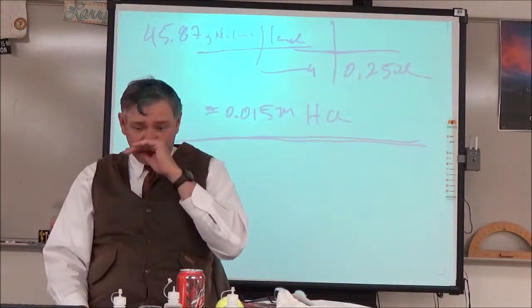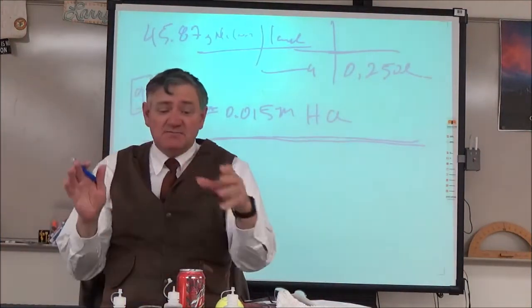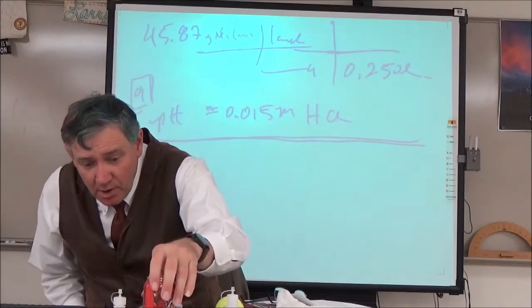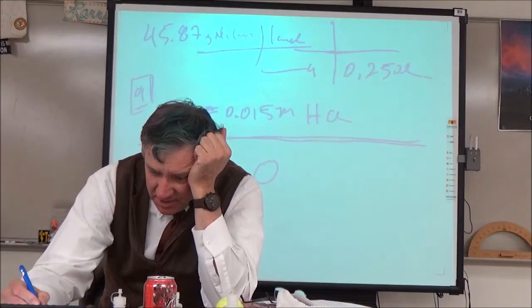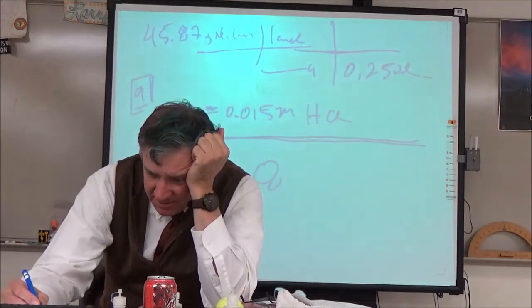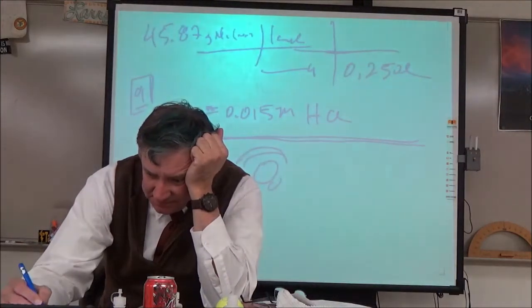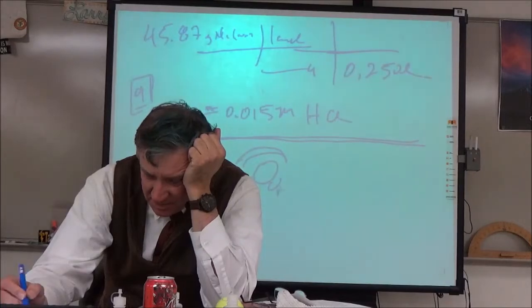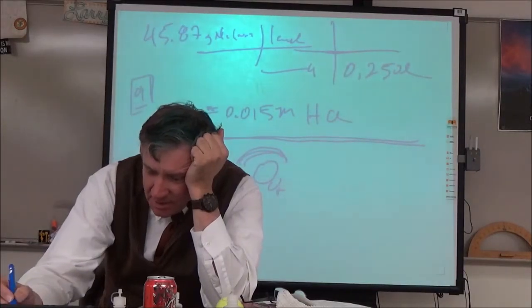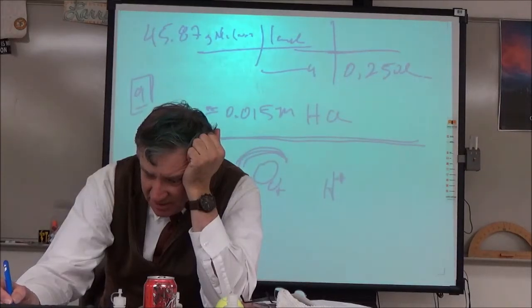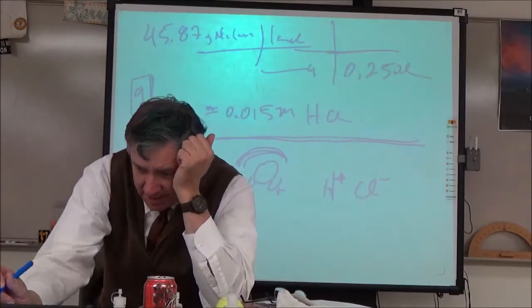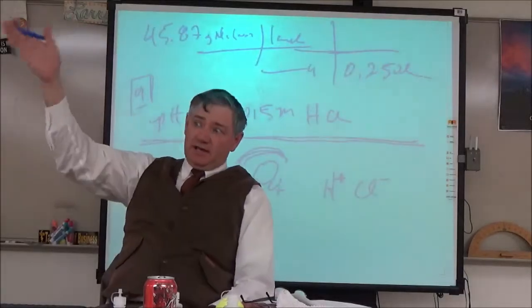So here's the deal. Again, this boils down to a tug of war with water. Here's your water: the negative end on the oxygen, the positive end on the hydrogens. When you take hydrochloric acid, which is a hydrogen ion and a chloride ion, you have a cation and an anion.